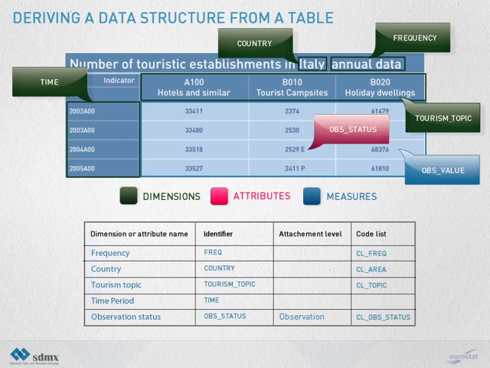So, concepts play different roles in a data structure definition: dimension, attribute, or measure, to define the statistical data. The result is a formal definition of the corresponding data structure. Our DSD, with all the structural metadata of the table, is ready.